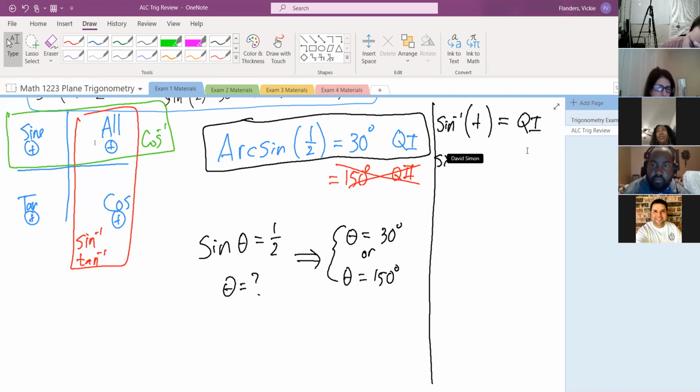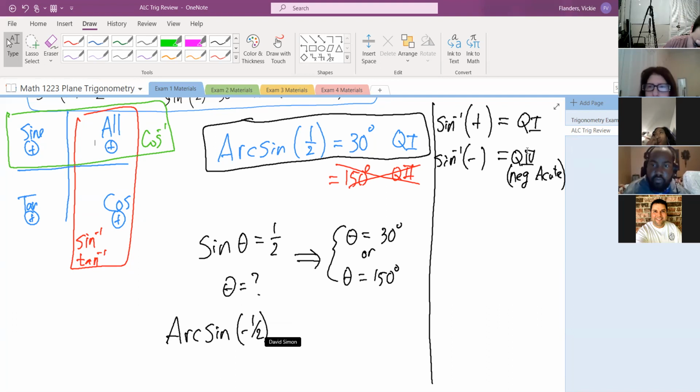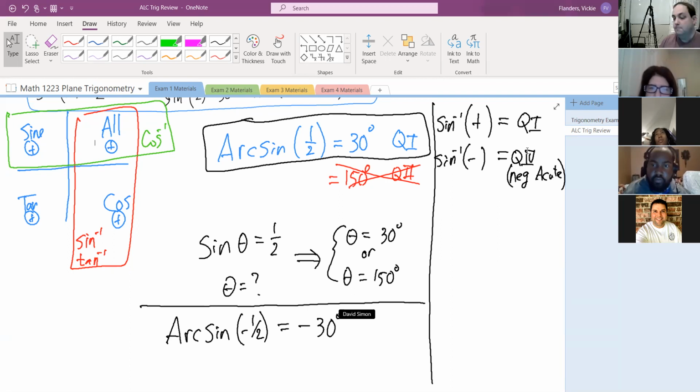If I do inverse sine of a negative number, I'm going to get a quadrant 4 answer, but I'm going to get the quadrant 4 answer as a negative acute. So for example, if I ask what is the arc sine of negative 1/2, I'm going to get negative 30 degrees.